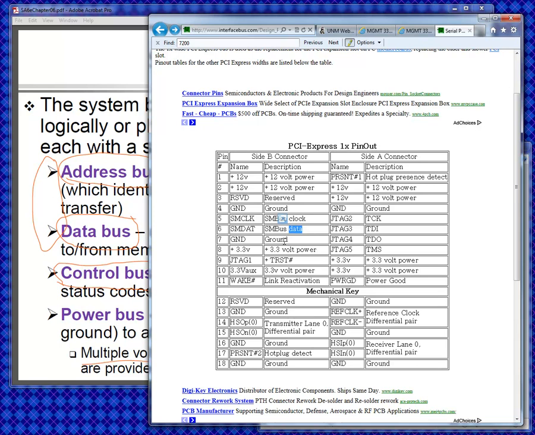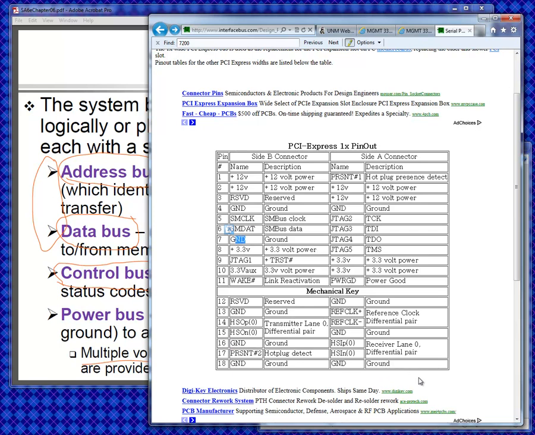And there's also a lot of grounds. These are the return. Remember, if we send electricity, there has to be a return wire to make a complete circuit. So there's a ground, there's a ground, there's a ground, there's a ground. We've got a lot of grounds spread around here.